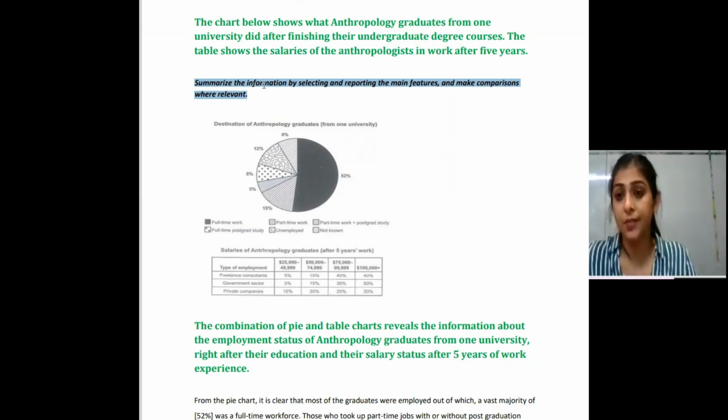So what the examiner wants from you is that you select and report the main features. Your task must not be about the details. It must not be about the data, repetitive data. You must select the features carefully and then report them, and then make comparisons.